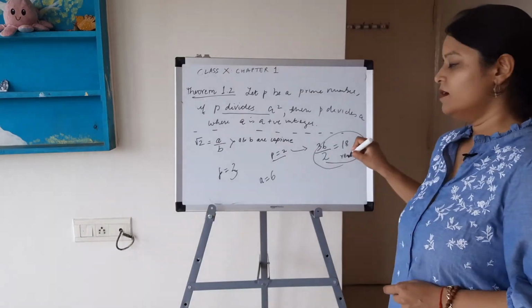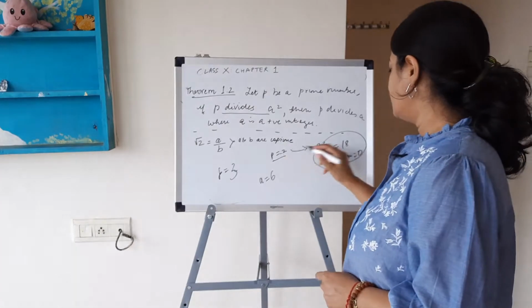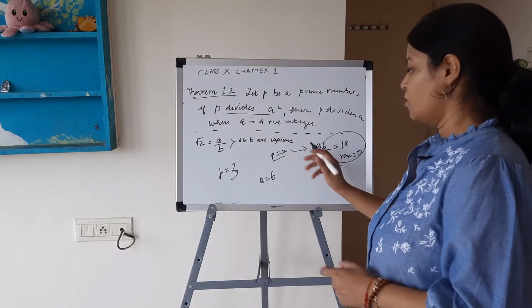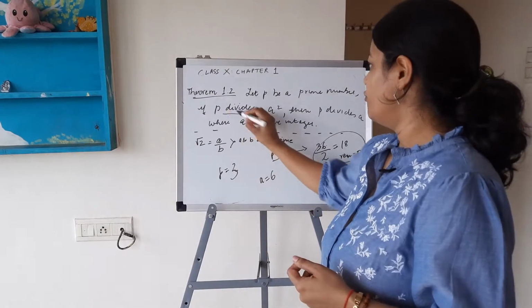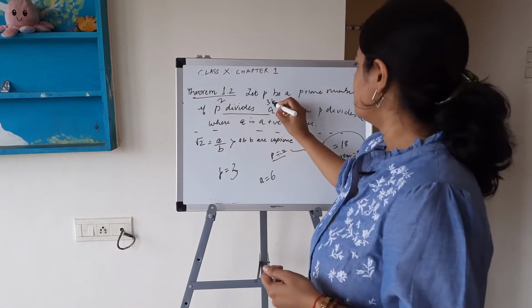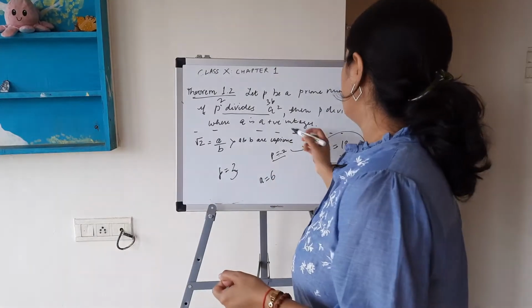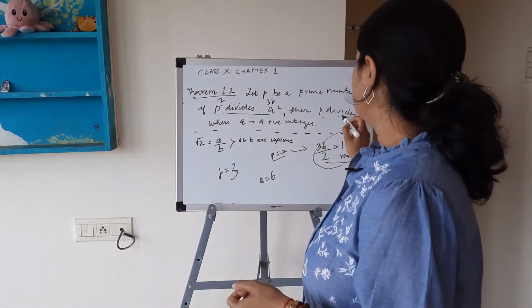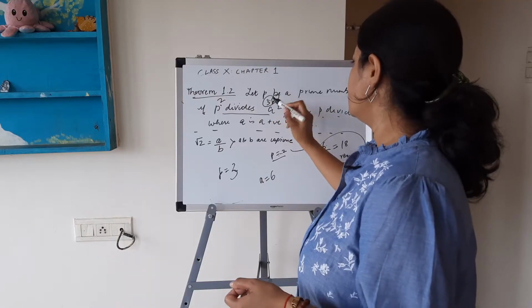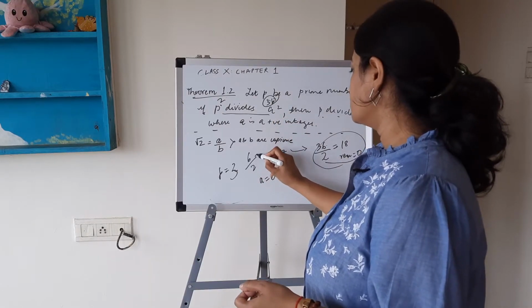It's completely divisible. So if 2 is dividing 36, that means 36 divided by 2 is a number, not a fraction. Then p divides a as well. What is a? 6, and 6 divided by 2 is equal to 3.